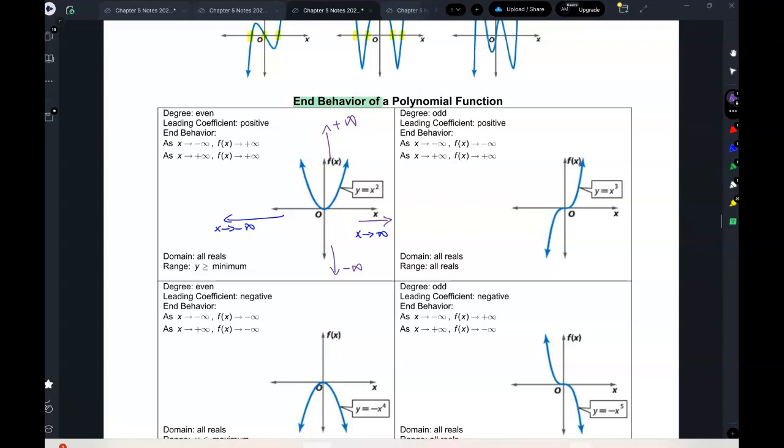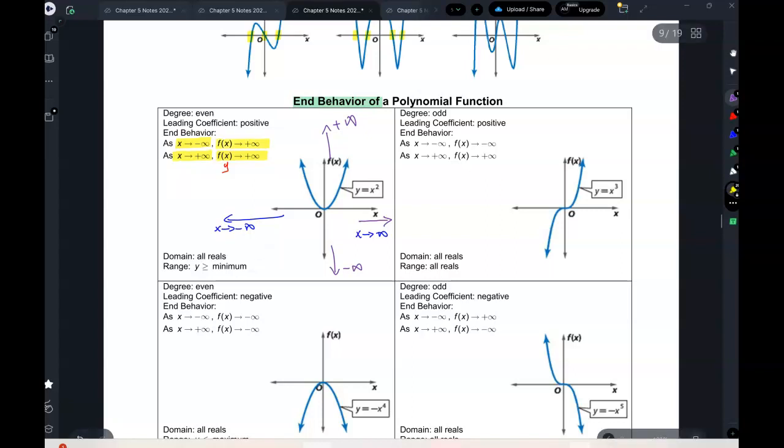So we say, as x approaches positive infinity, f of x approaches positive infinity. Okay? F of x is the y, remember? So now let's go to the negative infinities. As x approaches negative infinity, as we go to the negative side of this and I trace my graph vertically, where is my graph going? Up to positive infinity.